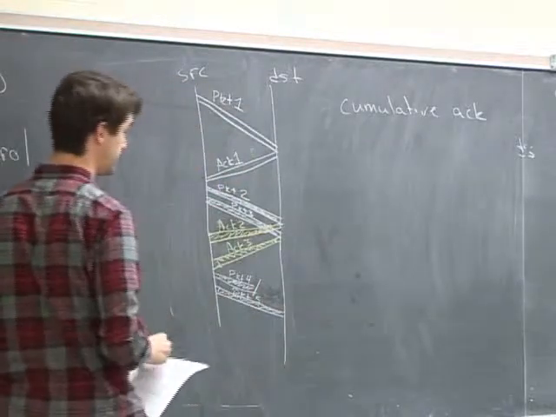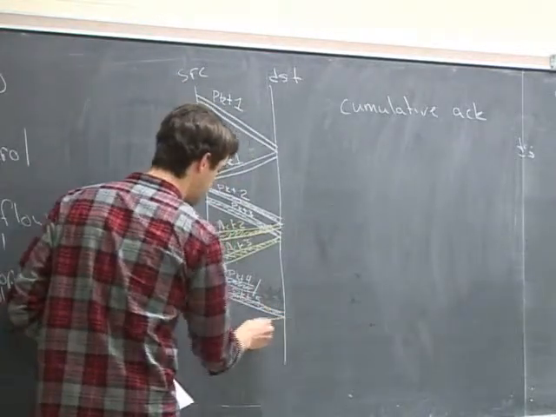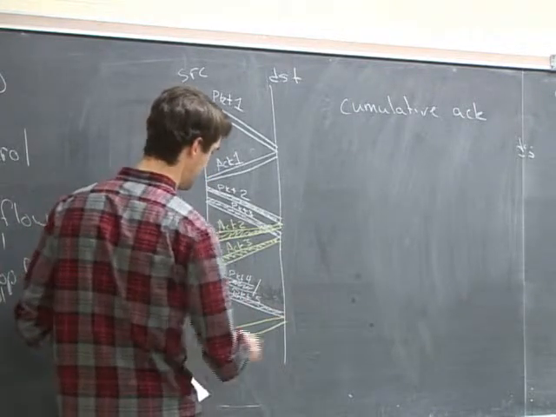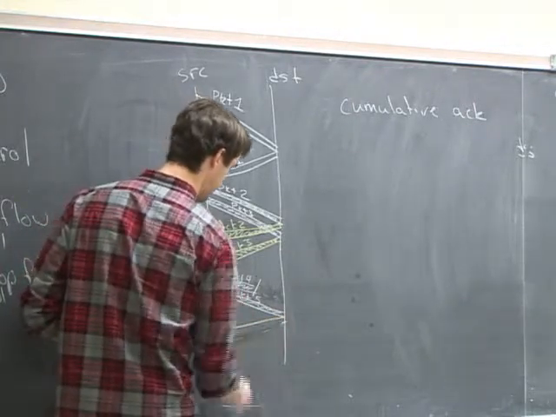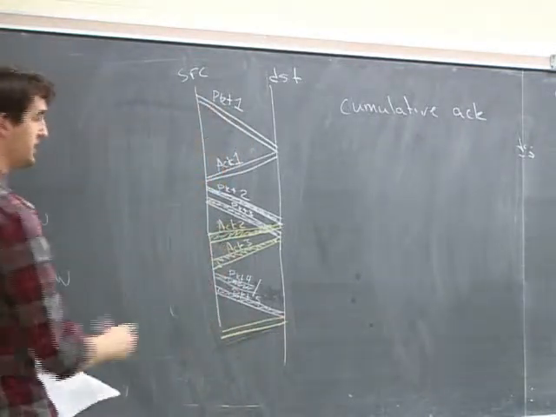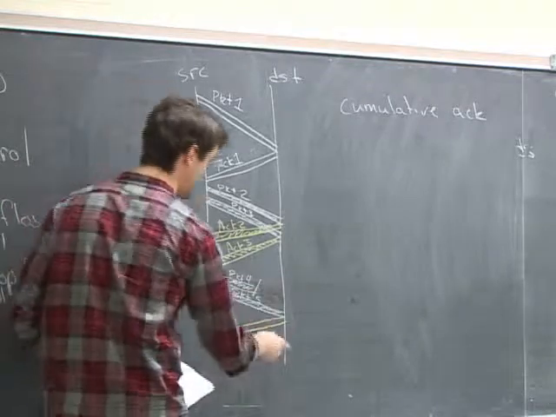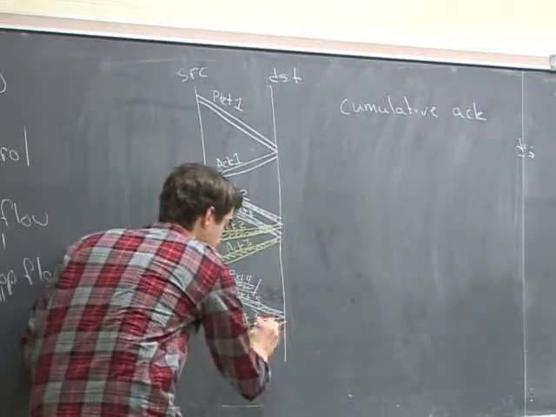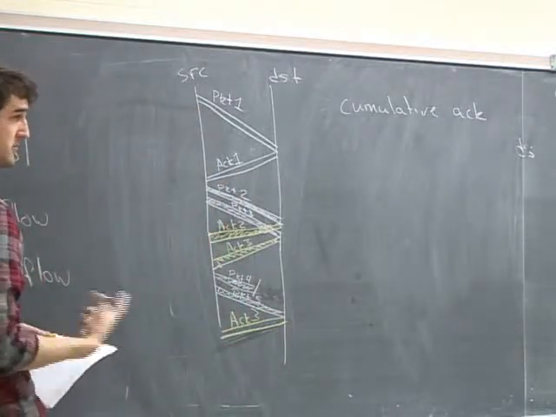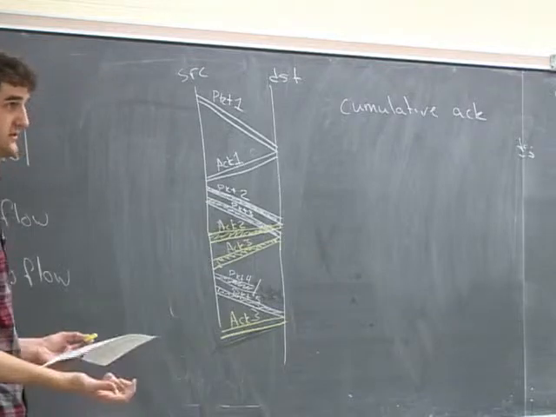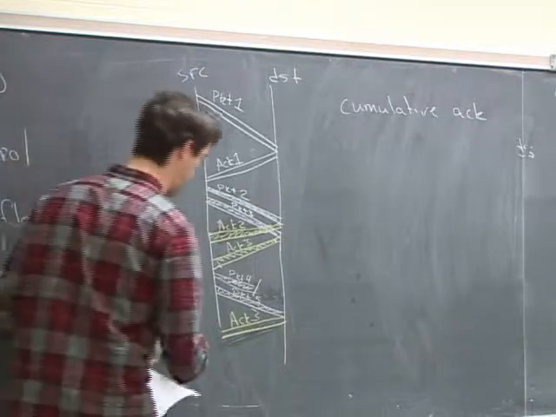So when the destination here acknowledges, it doesn't acknowledge packet 5 because it hasn't seen packet 4 yet, all right? So when it sends its ACK back, it only acknowledges packet 3 because that's the highest in-order sequence packet that it's received, all right?